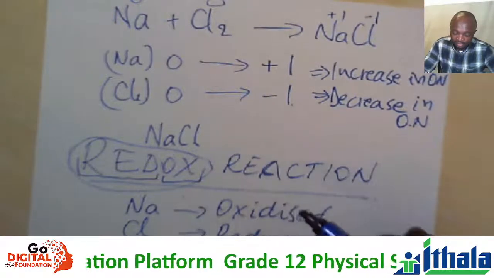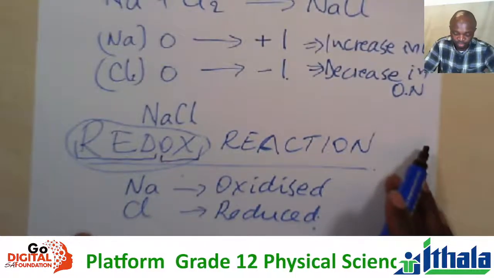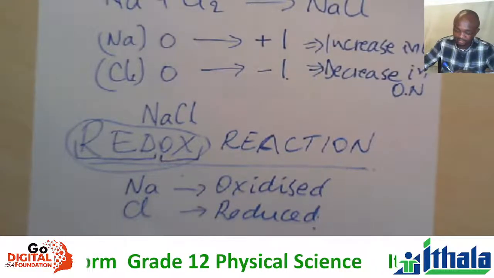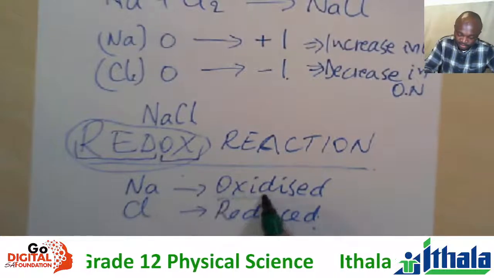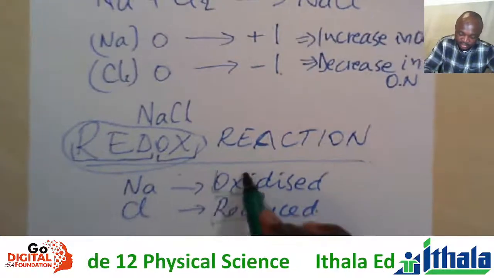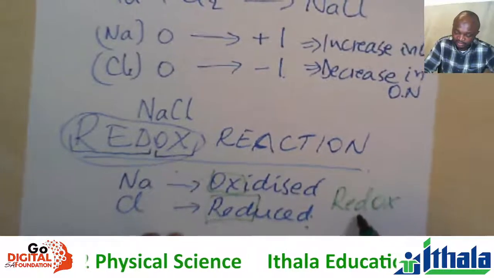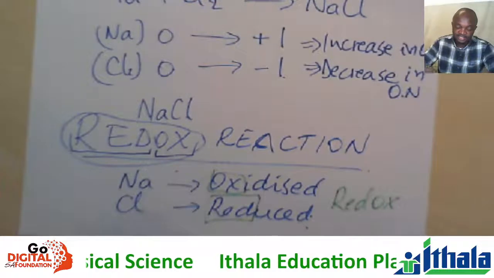So since there is a decrease in oxidation number, the substance is reduced. So the words oxidized and reduced were combined to give redox. So we take this red and this ox, combined to give redox. Right? So properly we should say reduction oxidation reaction.